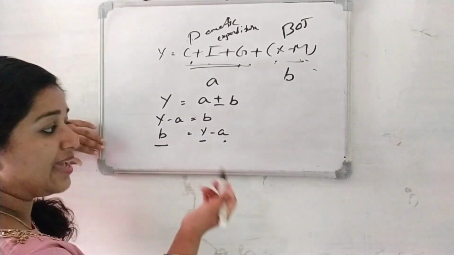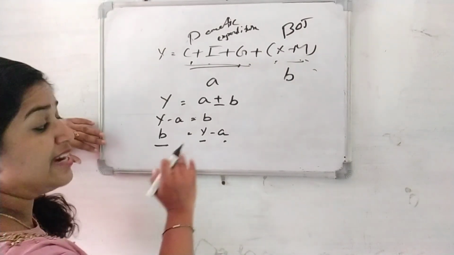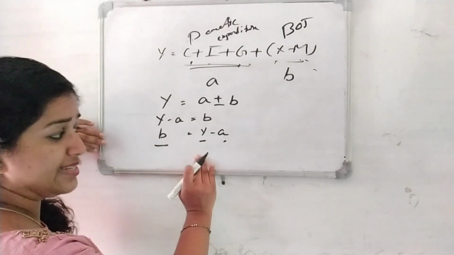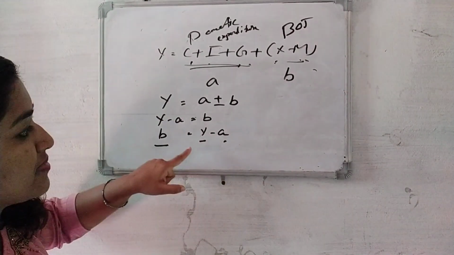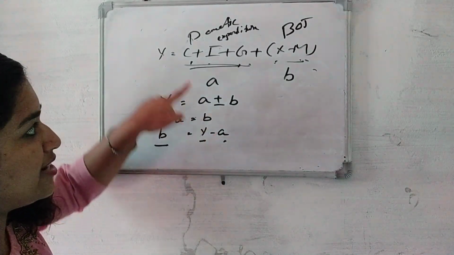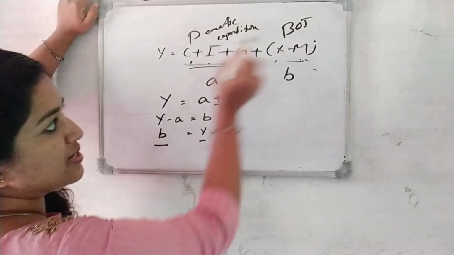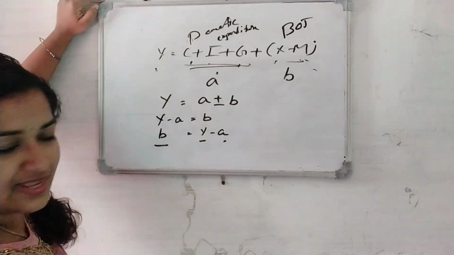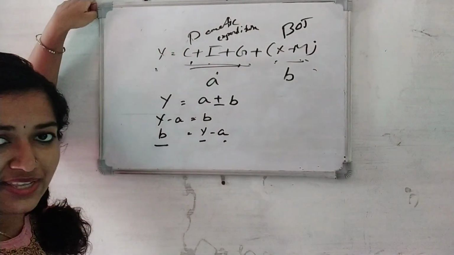This equation can be explained as follows: BOT is the difference between domestic income and domestic expenditure, that is, between Y, the national income, and A, the domestic expenditure.